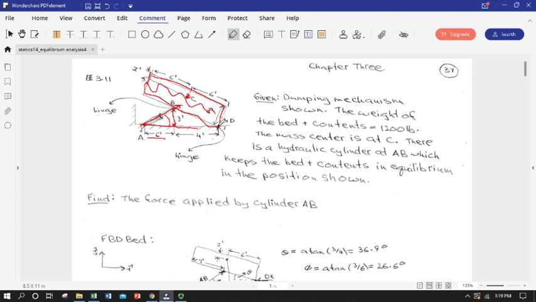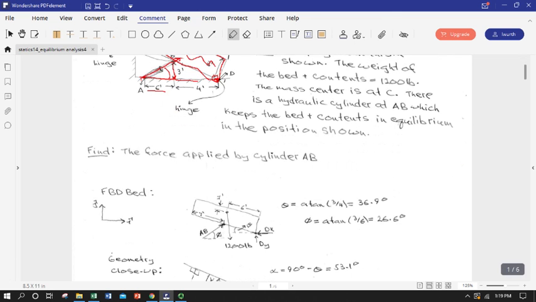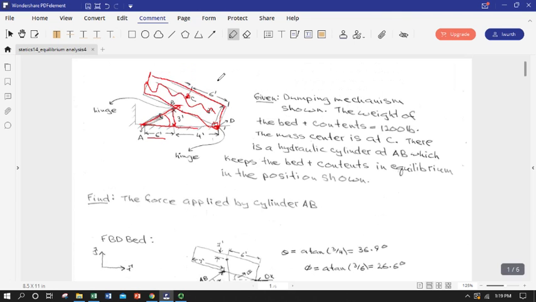We can assume that there's a pin at the bottom and a reaction force that the surface makes, so this can't go skidding out. So it's basically a point D. There's no moment that can be applied, but there's a hinge force there.